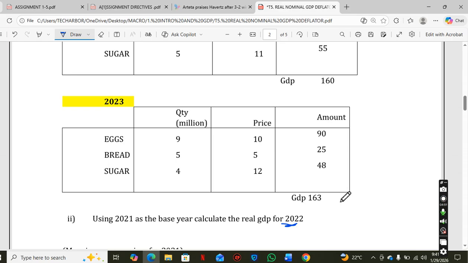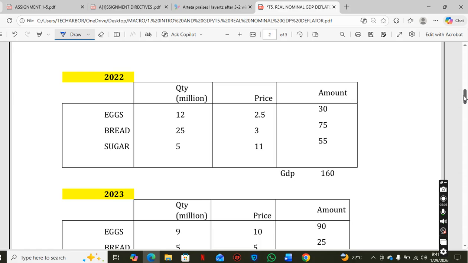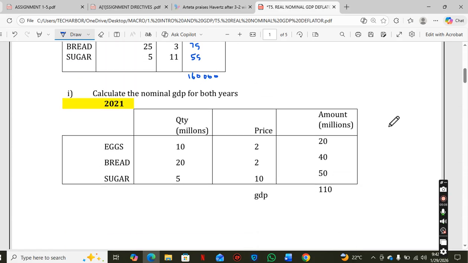Okay. So for the base year, the nominal and the real GDP are going to be the same. Why? Because you're using the same prices. So for 2021, since it's our base year, its real GDP is still going to be 110 million.